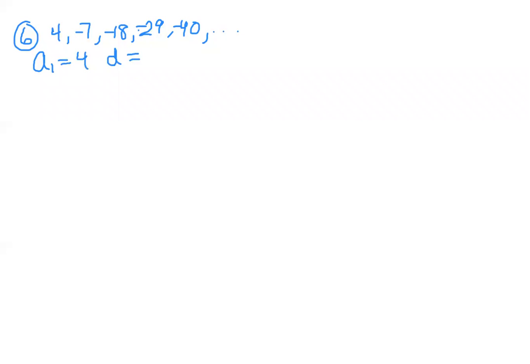So let's look at number 6. We've got 4, -7, -18, -29, and -40. So A1 equals 4, and D equals -7 minus 4, which is -11. So our rule is D times n minus 1 plus A1.